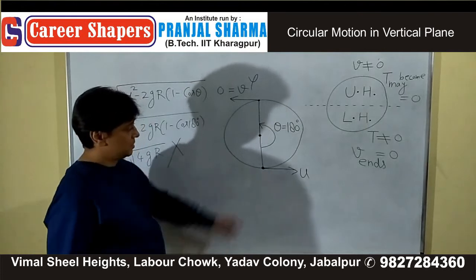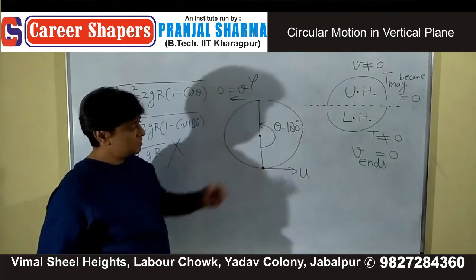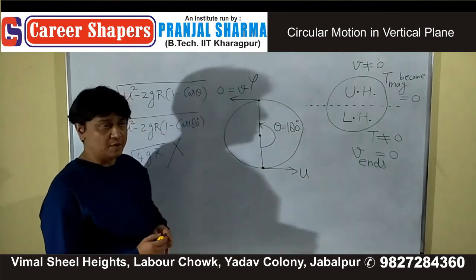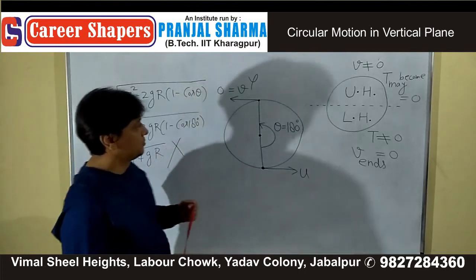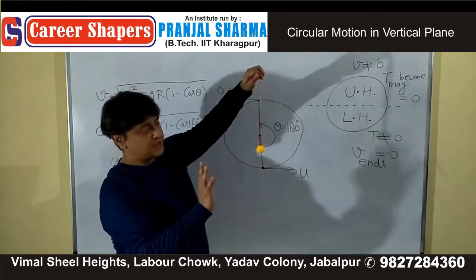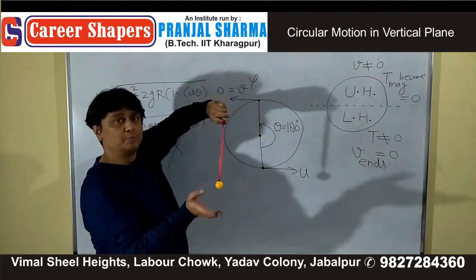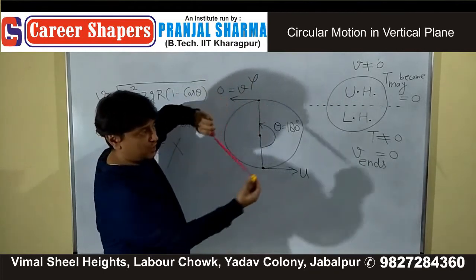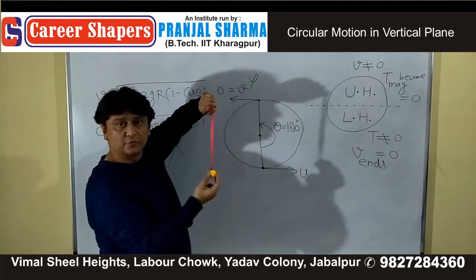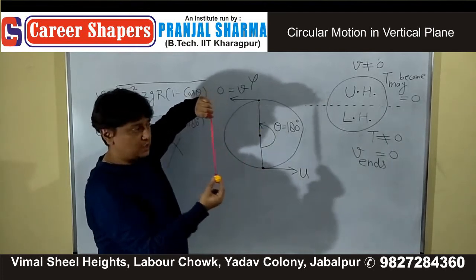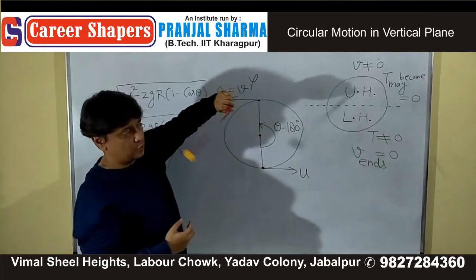When at the lowest point velocity is minimum, we'll understand it. See, if I give it root 2gr, previous example, then it will reach here. If velocity is less than root 2gr, it will oscillate in the lower half.